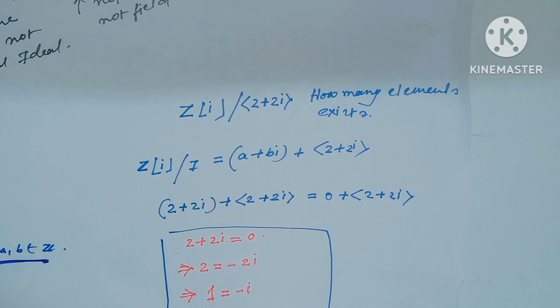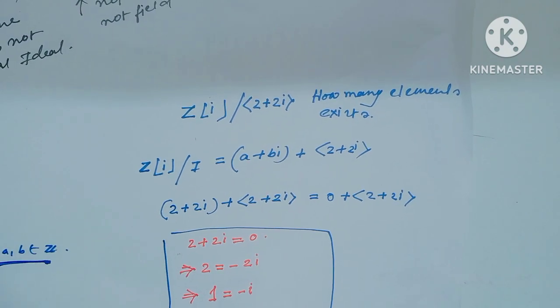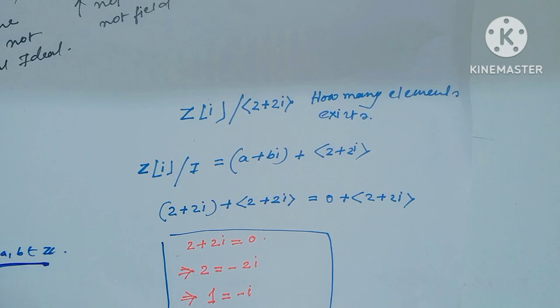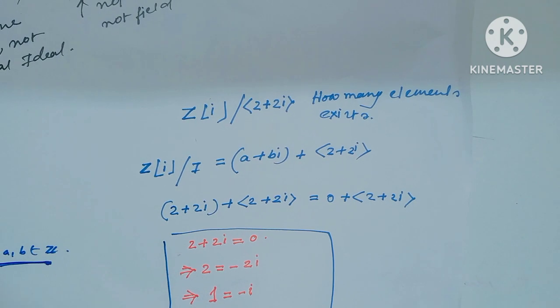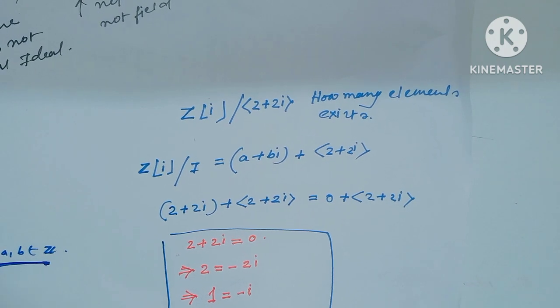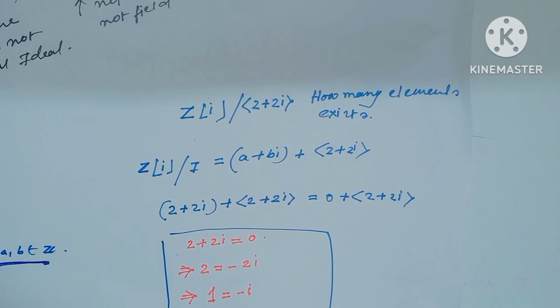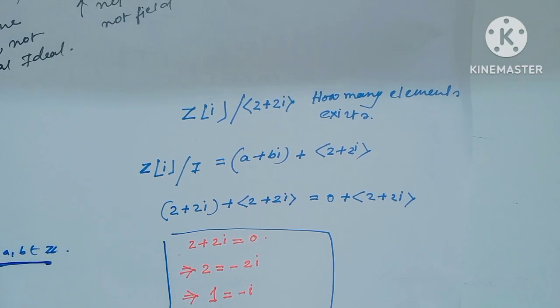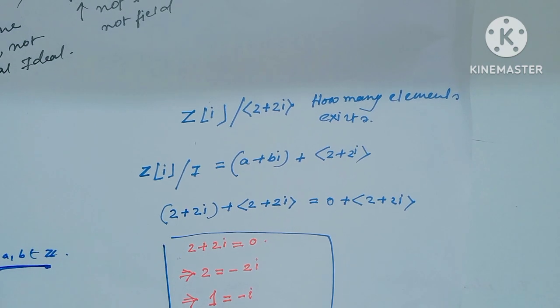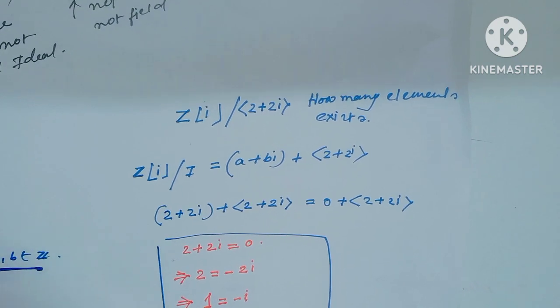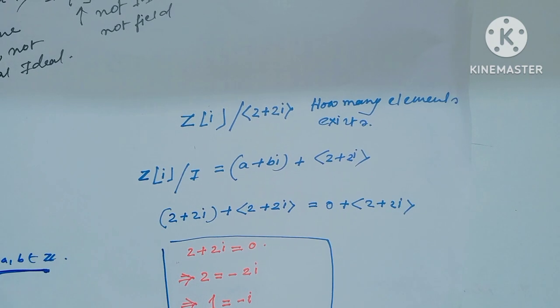My next question. How many elements exist in the quotient ring Z[i] modulo the ideal generated by 2 plus 2i? Z[i] modulo the ideal generated by 2 plus 2i means a plus bi plus the ideal generated by 2 plus 2i.